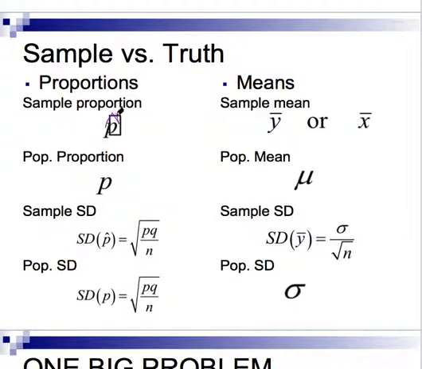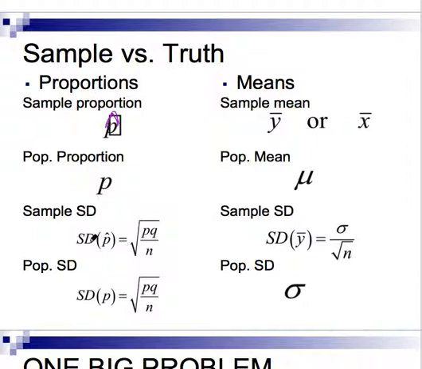So sample versus truth. So we have the sample versus the truth in the population. So this side, the proportions, we're talking categorical variables. And on this side, we're talking the mean with quantitative variables. Okay, so the sample proportion, p hat, and without the hat is the population proportion.